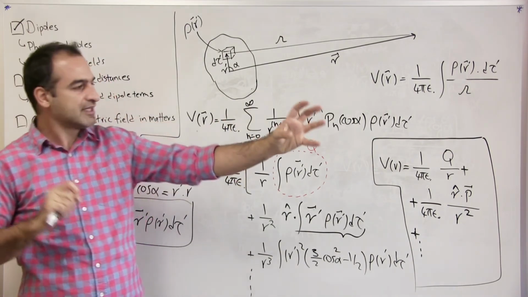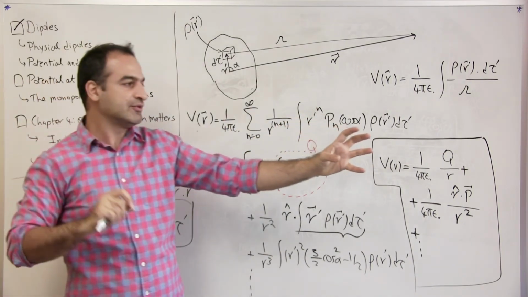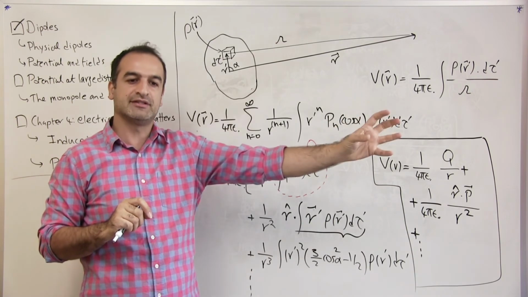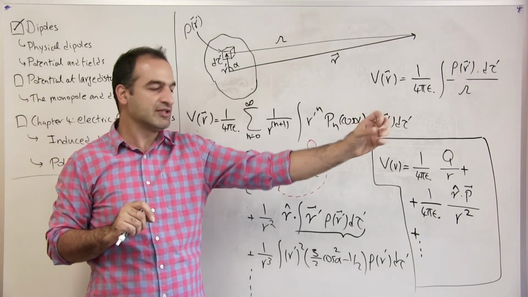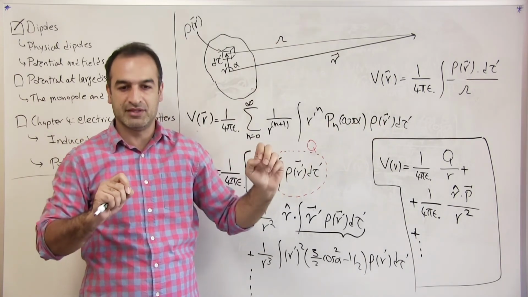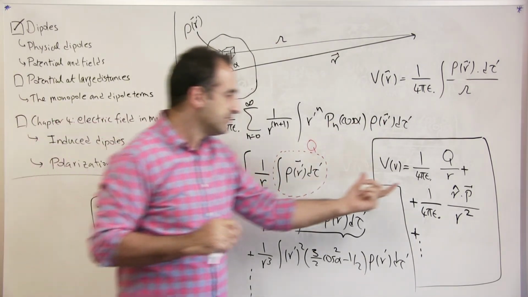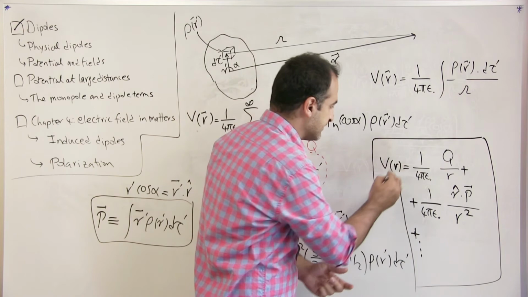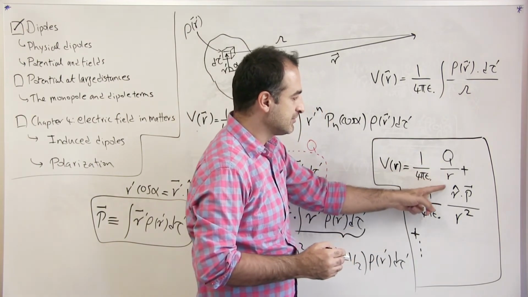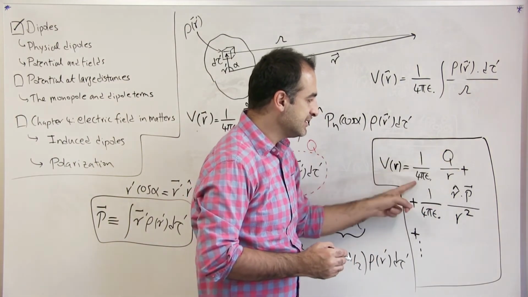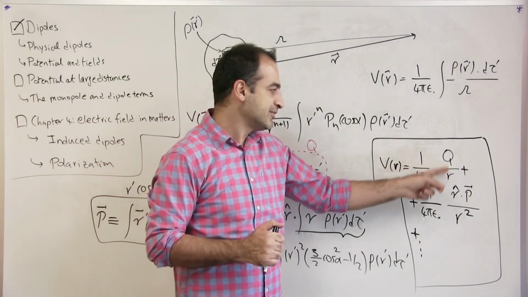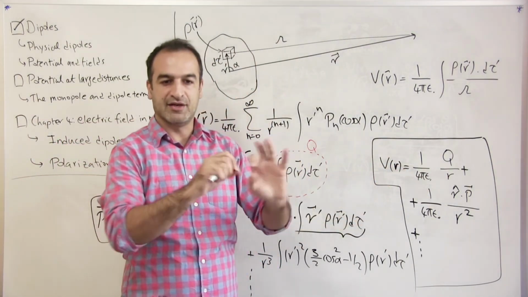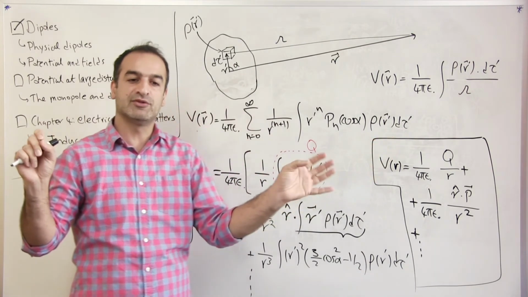Sometimes I only need to care what the total charge is, and imagine that as one point charge, and calculate the potential. This is what you get here in the leading term: the total charge divided by R. This is basically a point charge potential. This is the most crude way.